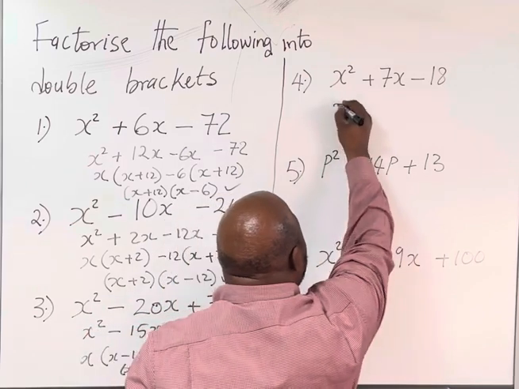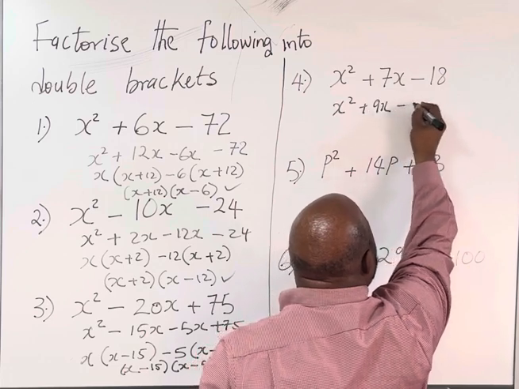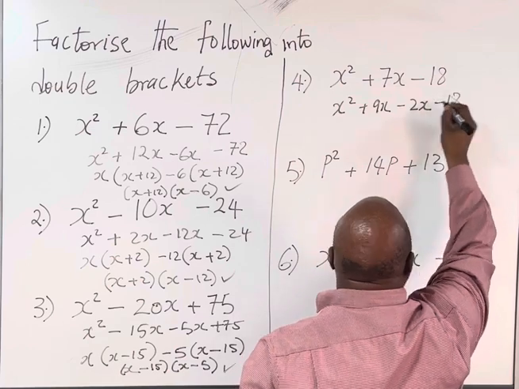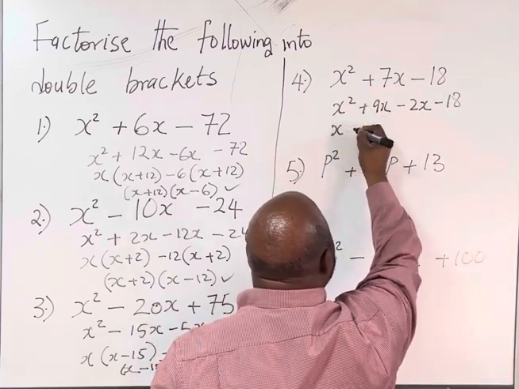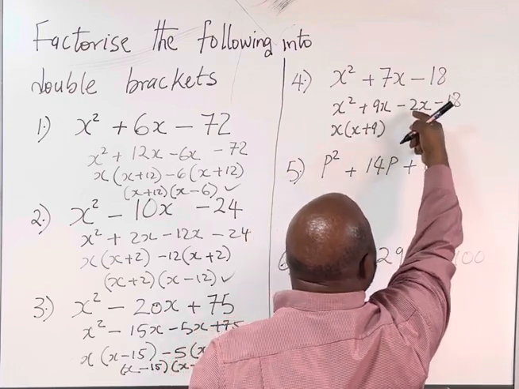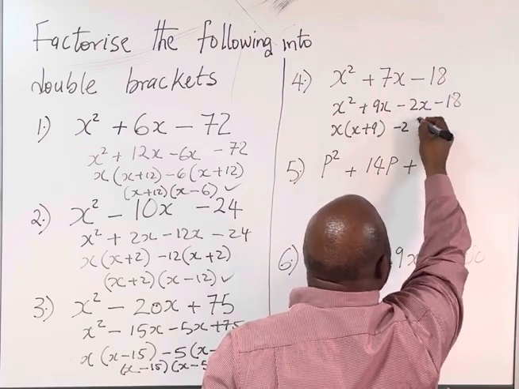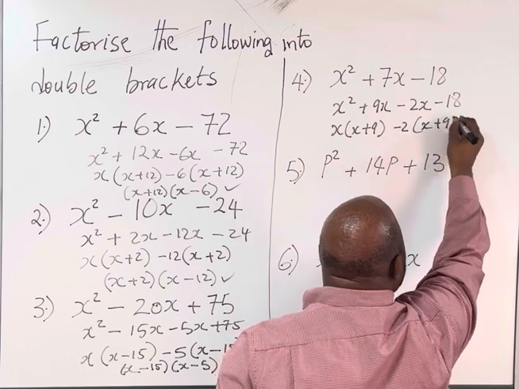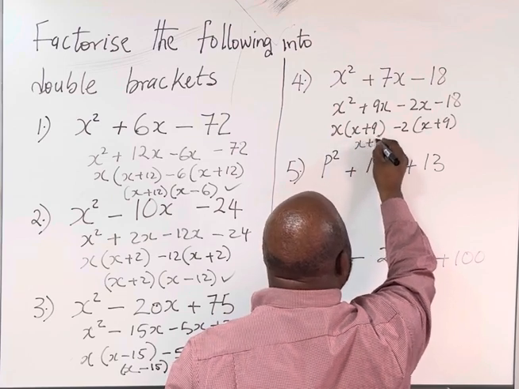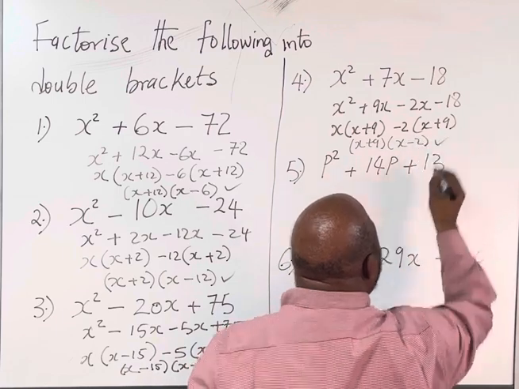So we have x squared plus 9x minus 2x minus 18. When you factorize out x, you have x plus 9, and when you factorize out minus 2, you have x plus 9. Your two values are (x plus 9)(x minus 2). That's correct.